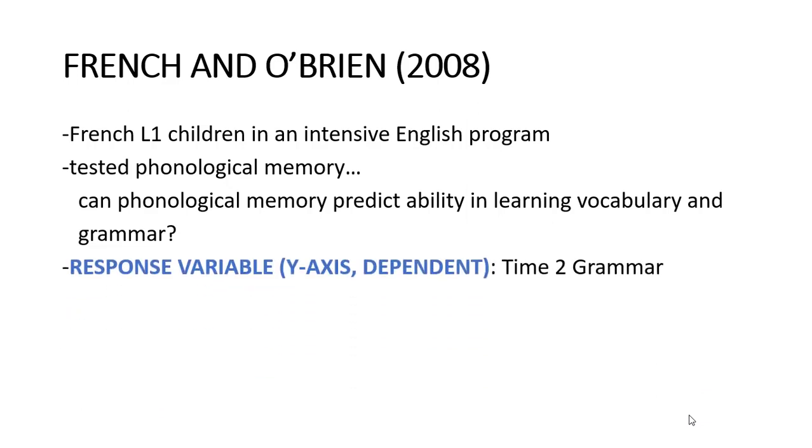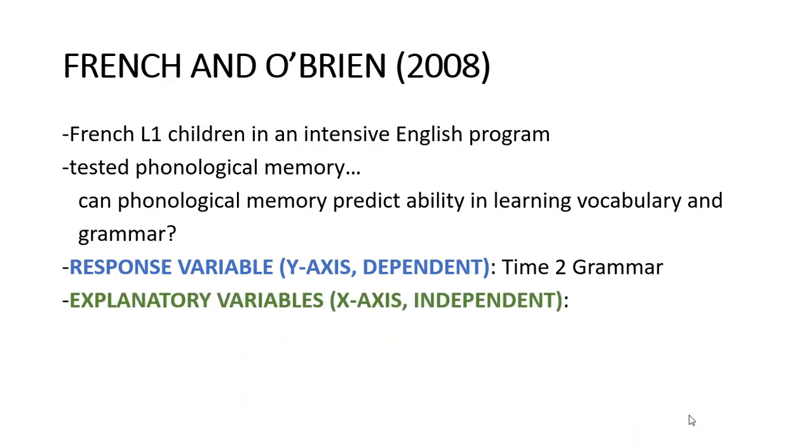So they have a response variable, and this is typically what we put in the y-axis. Notice that the y-axis is going to be the vertical axis, and this is what we call the dependent variable. And in this case, this is the time 2 grammar. And the explanatory variables, this is what we put in the x-axis. This is what we call the independent variable.